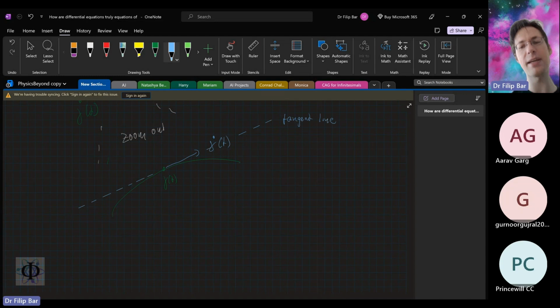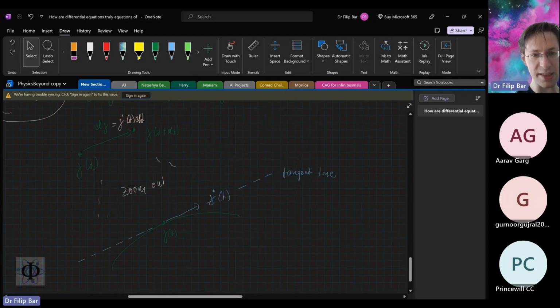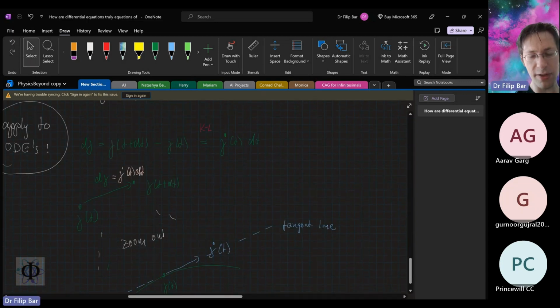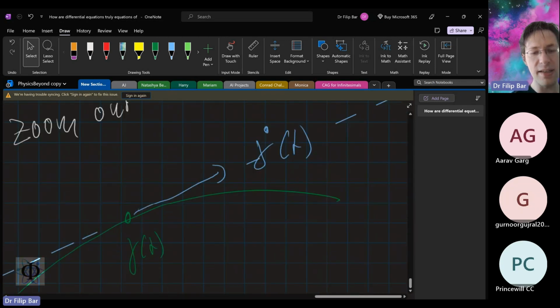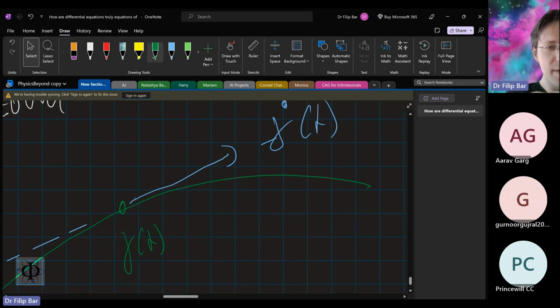And now I can ask the same question: what's the intersection between my path gamma, which is the curve, and this tangent line? The definition of derivative in terms of infinitesimals says you just take this tangent vector and multiply it with an infinitesimal time step dt.